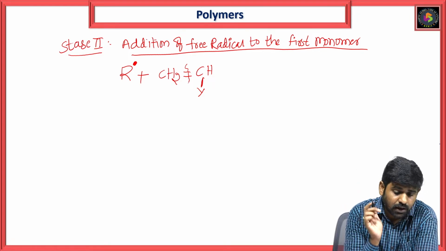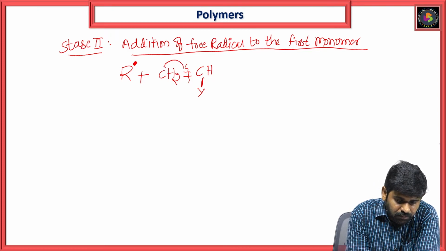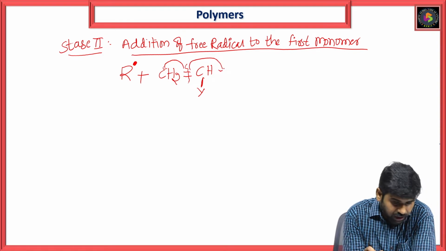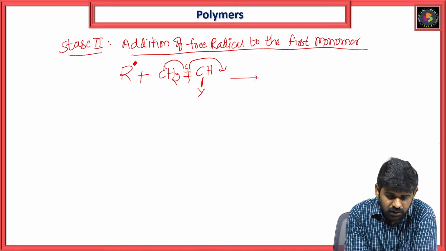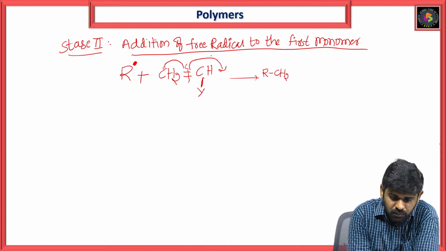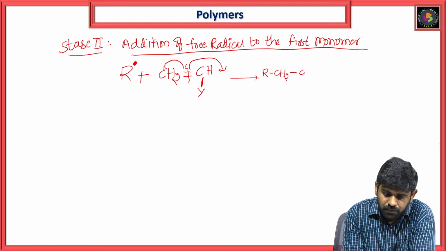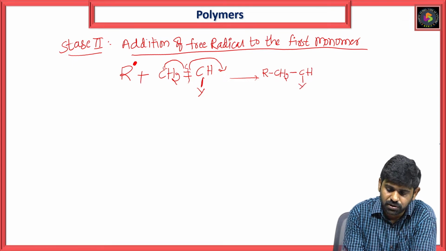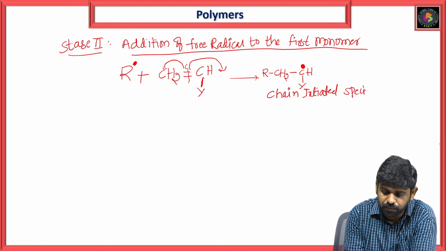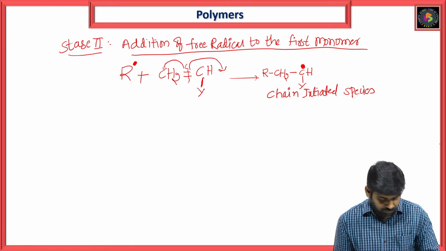One electron moves to form a bond with R dot, that is a bond between R and CH2, giving RCH2. The other electron moves out to form the chain initiated species, CH dot. So this is about step 1.